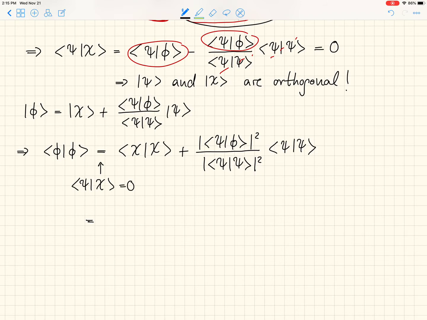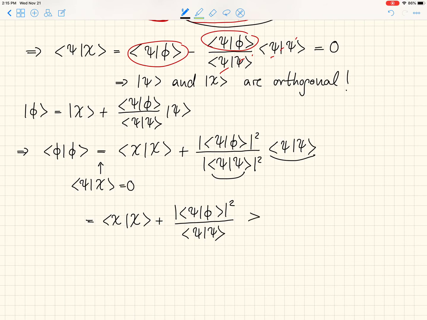And so I can further write that this is equal to the inner product of chi with itself, and now I'm just simplifying this term, observing that I have the inner product of psi and psi here, and then I have the inner product of psi with itself squared down in the denominator, so I can simplify this to be equal to the magnitude of the inner product of psi and phi squared, divided by just one term of the inner product of psi with itself.